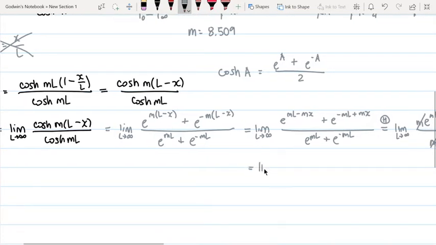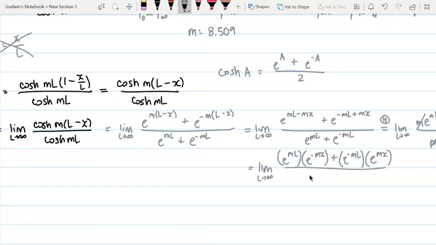We'll have limit as L approaches infinity of, since they're just added together, the exponents, you can do e to the ml times e to the negative mx plus e to the negative ml times e to the mx over the same thing downstairs.